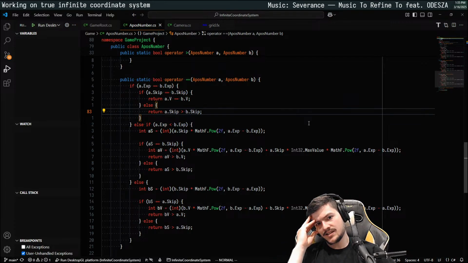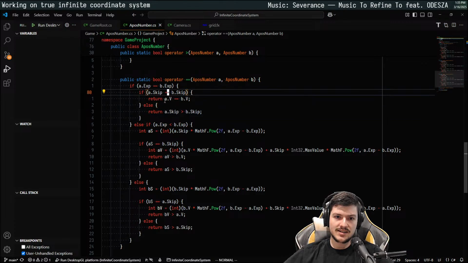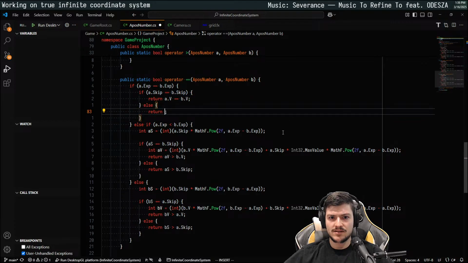If A equals B, then return that. Otherwise, false. Because they are not equal, therefore they're not the same.